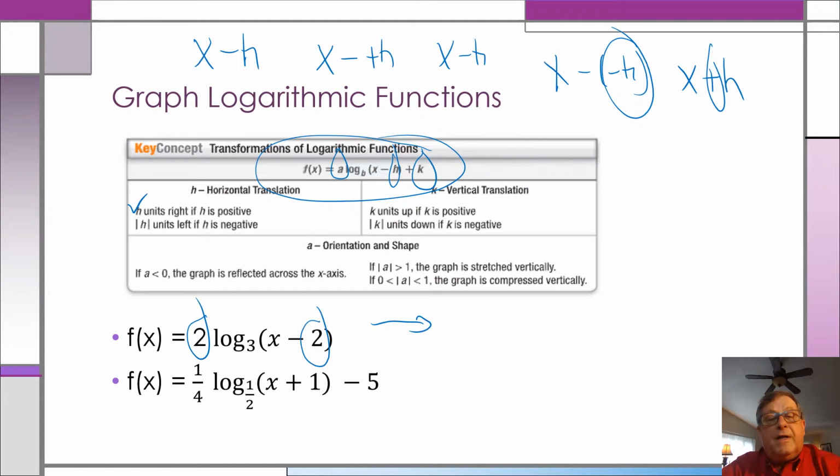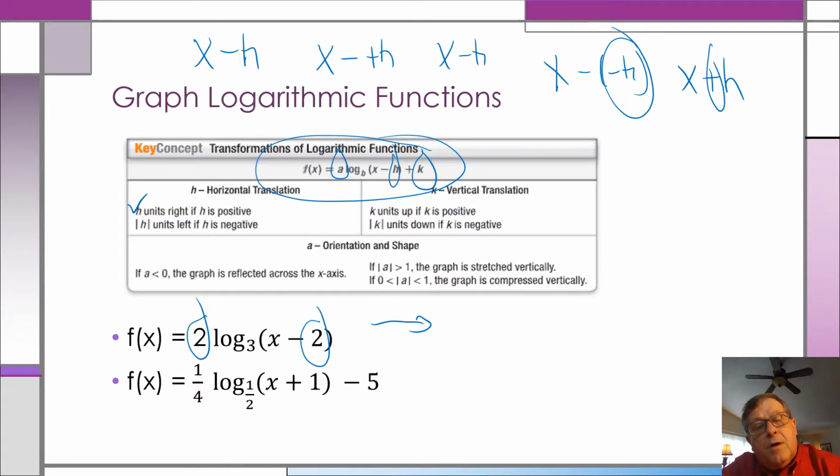That's going to affect our asymptote. So our asymptote should no longer be at x equals 0, but x equals 2. I think we'd see our x-intercept go from 1 over to 3. I hope I'm right about that. We'll verify that in a moment. And so those are the things that we should see in that particular translation.